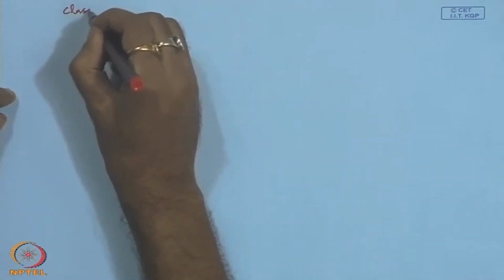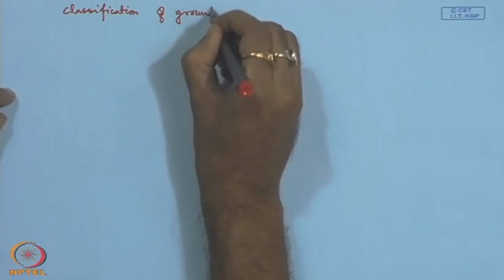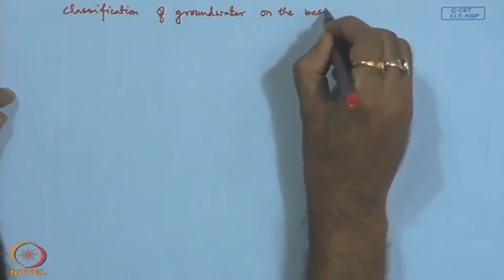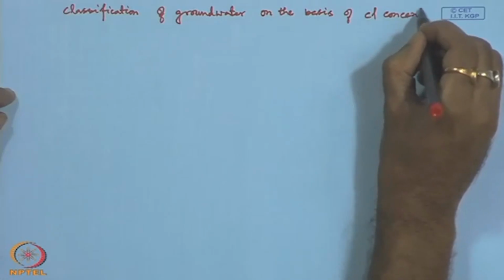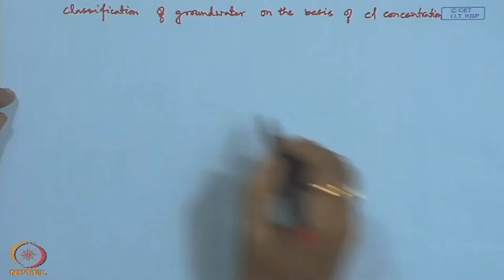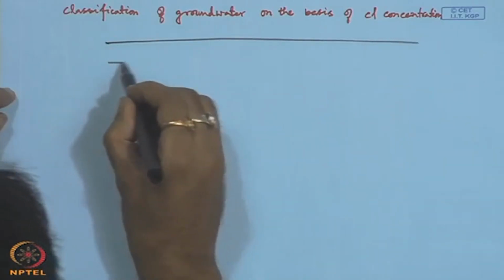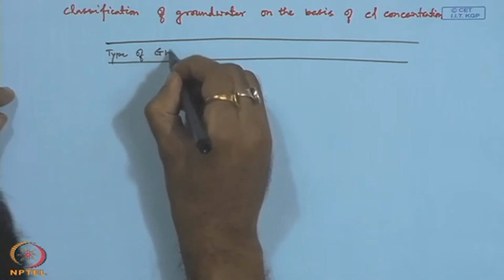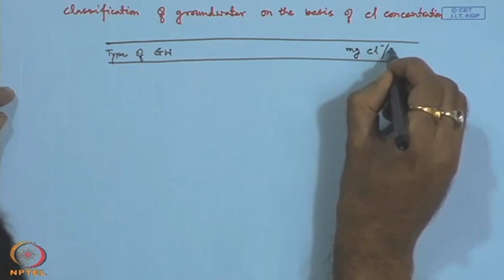So, classification of groundwater on the basis of chloride concentration: type of groundwater and milligram chloride per liter.